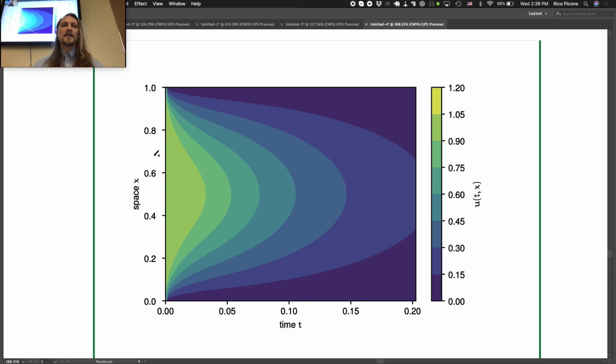And what happens is immediately at the boundary, right next to the boundary, you have this huge temperature differential between 1 and 0, and immediately heat starts to flow out and the temperature starts to drop rapidly there by the boundary, whereas the temperature of the quantity that's in the center takes longer to reduce, right? And so you get this diffusive effect where heat's flowing out, and it eventually is going to come down to 0 degrees. So it starts out close to 1, and it goes down to 0 as time evolves.